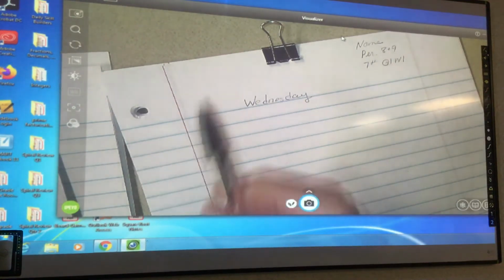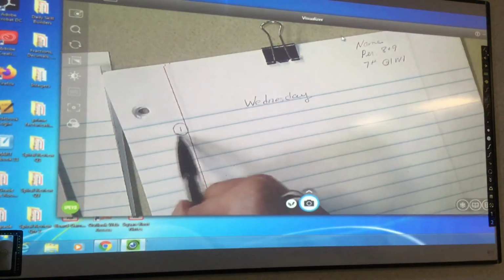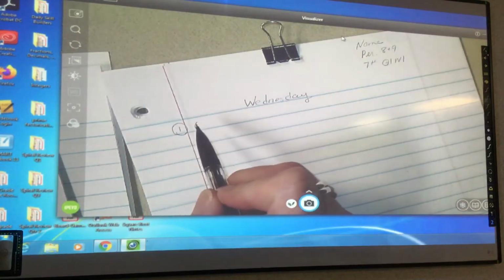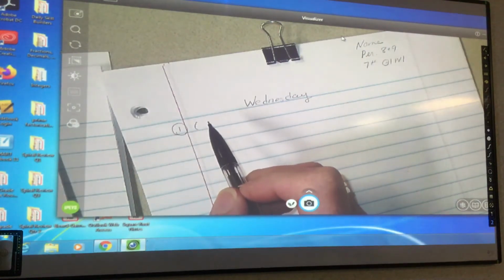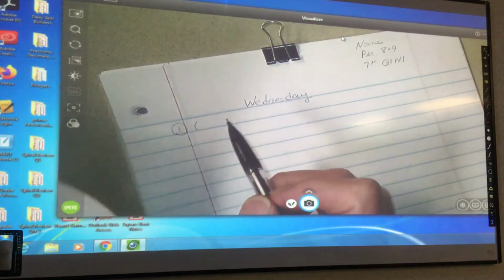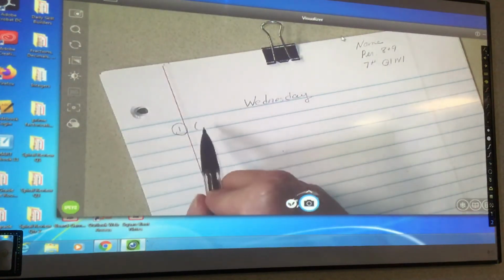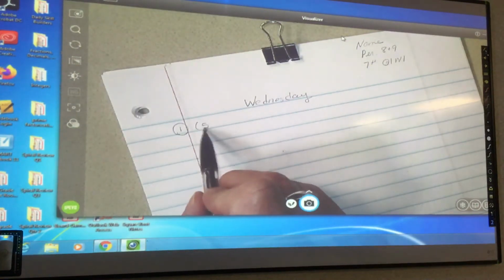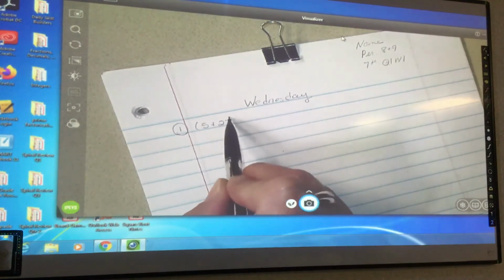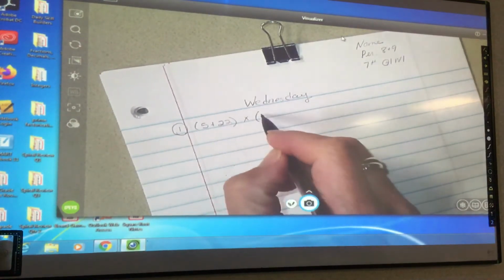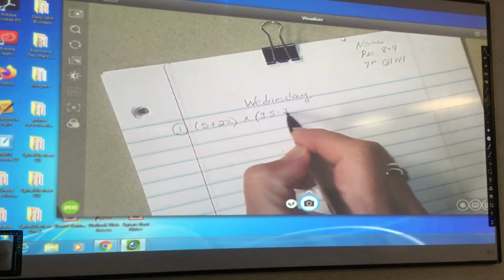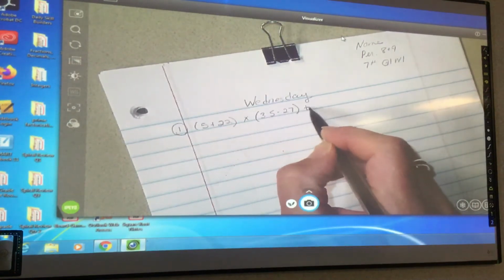So then I'm just gonna redo number 1 on here, and I'm gonna go really fast through it because I've already gone through it on the board. So you rewrite it all out. In the parentheses, 5 plus 22 times the quantity, 35 minus 27 plus 6 squared.